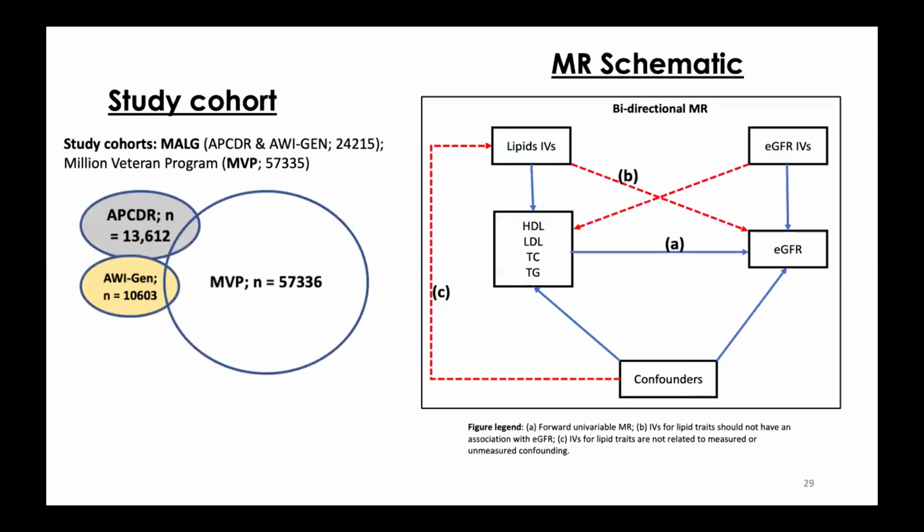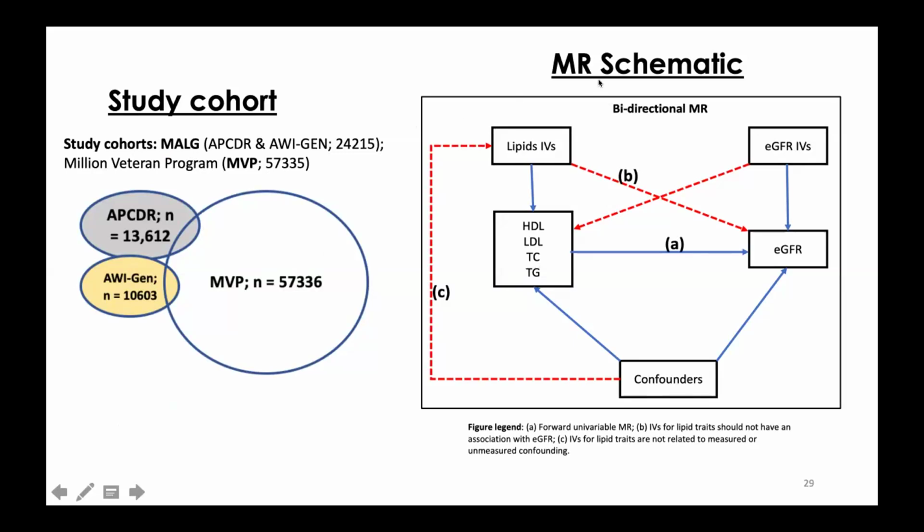That's why we came up with the idea: what if we just get our own datasets of lipids, the ones that we had access to, like the APCDR and Avigen, and then determine how these lipids are affecting kidney function in the MVP. These cohorts are from the African continent, and we call them MALG. And the MVP is for majorly African Americans.